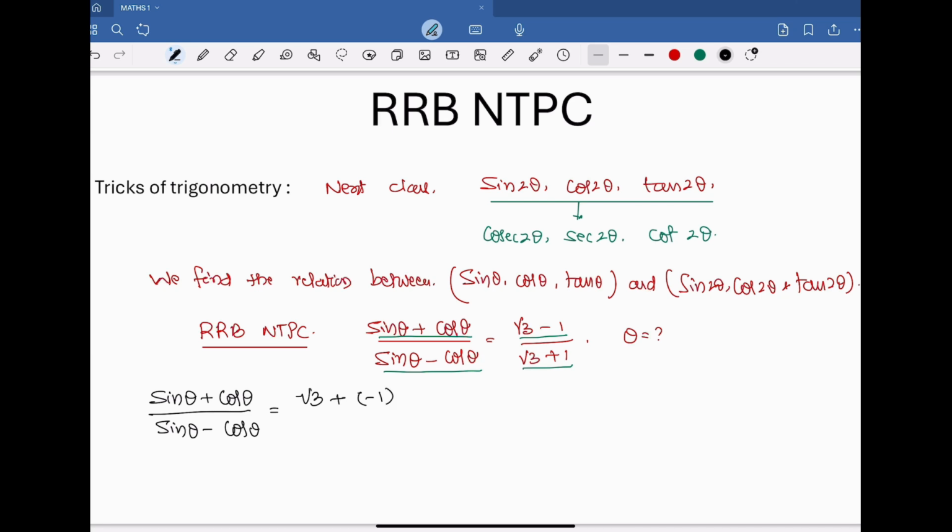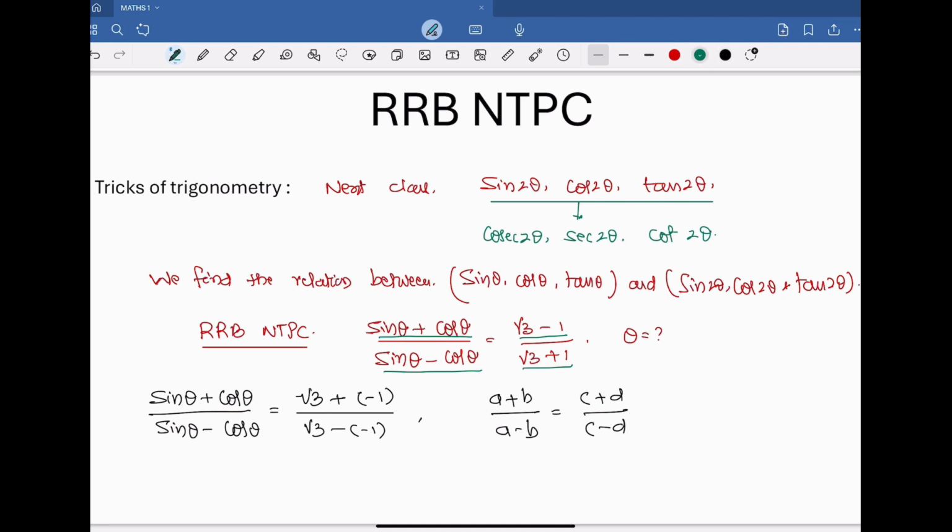Please see how simple it is. We have written in the form a plus b divided by a minus b is equal to c plus d divided by c minus d.